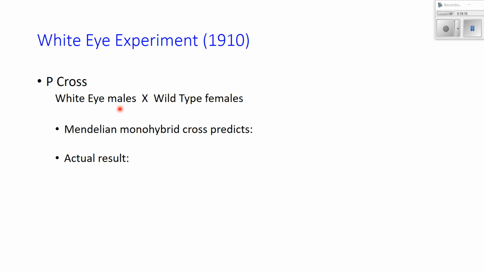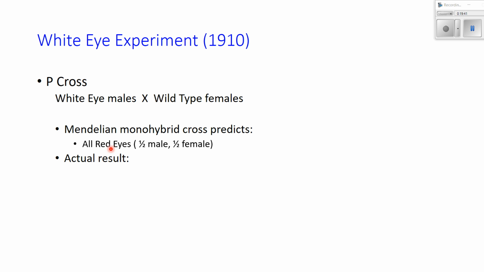These were true breeding, so they were white-eyed males that were homozygous, so they came from a long line of nothing but white-eyed flies, and he mated those with wild-type females, meaning they were homozygous for red eyes. And if you do that, you could pause the video if you'd like and work it out on a Punnett square, but what it would predict is that in the F1 generation, we should see all red eyes.